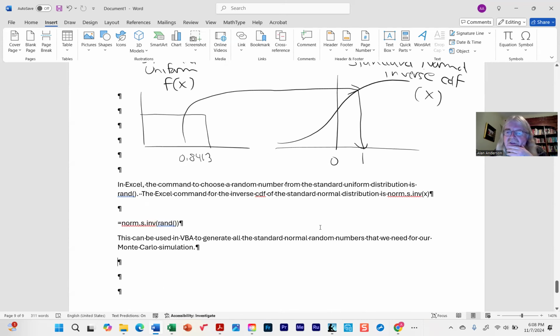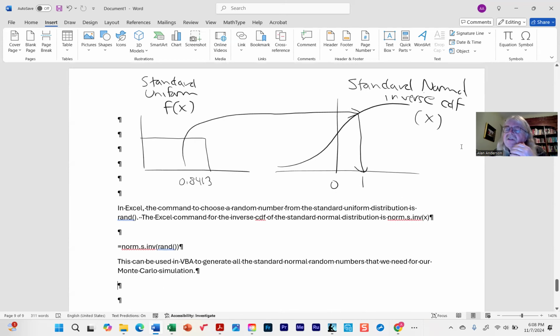Just as a side note, if I have an inverse CDF function for the T distribution, I can use the same approach to simulate from the T distribution, or from the inverse F distribution, I can do the same thing. So you can see why this approach is very general. It works under a lot of circumstances, as opposed to trying to create a CDF directly.